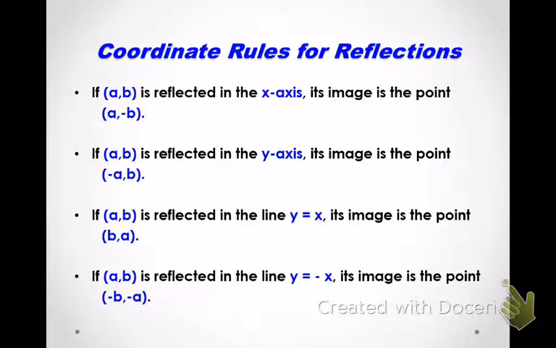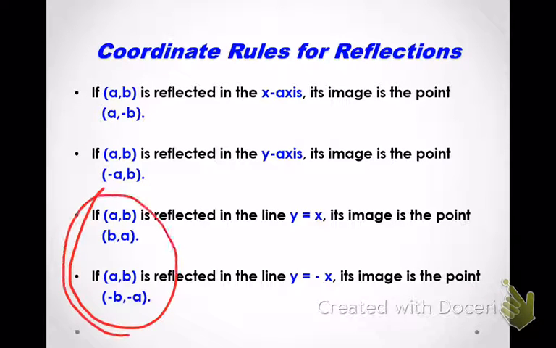The order and both the signs, all right? These two, you may have to guess a little bit by looking at it visually on a graph, but I would memorize these two for y equals x and y equals -x, so that I know without a doubt where those points are going to be.